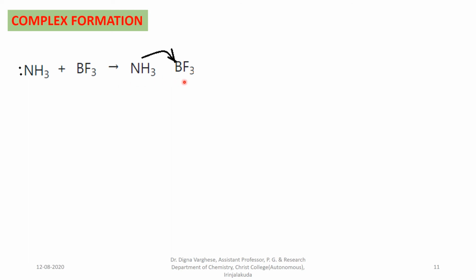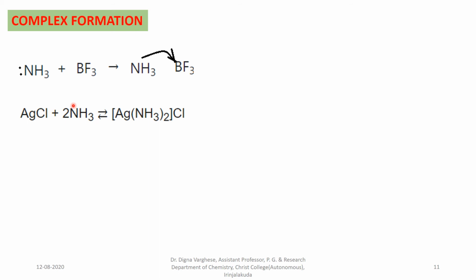Ammonia can also donate the electron pair on nitrogen to bond with metal ions. Here we are giving an example: silver chloride reacts with ammonia and forms a complex compound. In this, ammonia acts as a ligand.